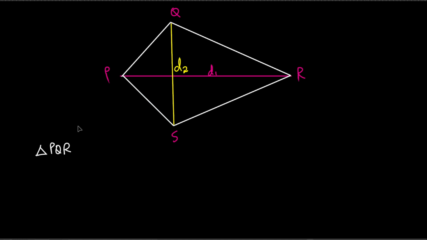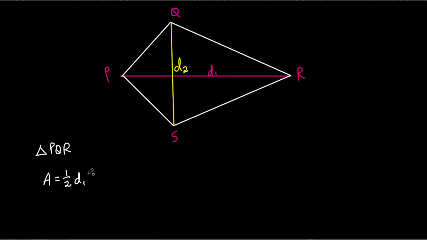So if I was to find the area of triangle PQR, everybody see that? What would the area of this triangle be? Well, it's 1/2 the base times the height. Agreed? Okay, for this top triangle, what is the base of triangle PQR? D1. Let's use the letters we put here.